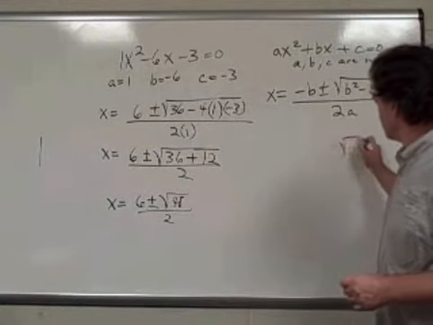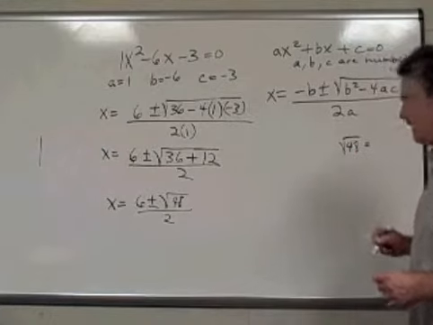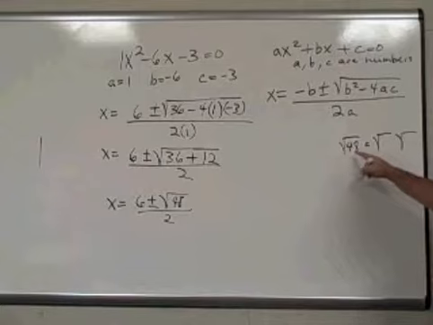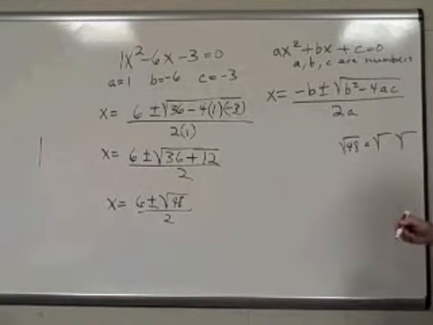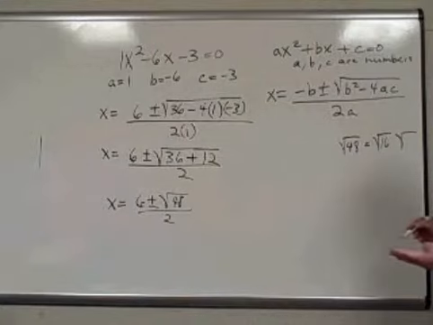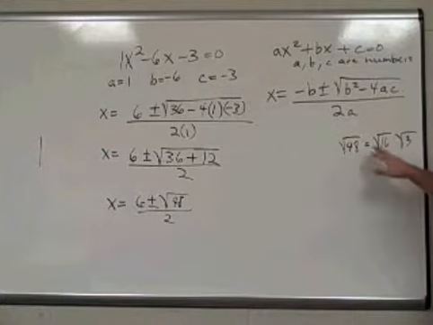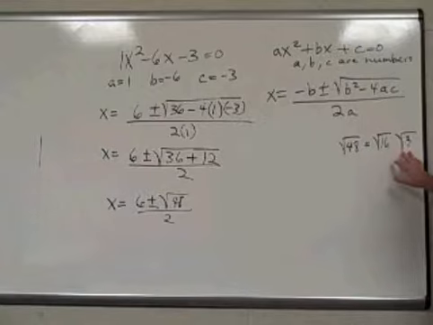So remember, you look at the square root of 48 and you ask yourself, is there a perfect square number that's a factor of 48? And in this case, 16 is the larger perfect square number that's a factor of 48. Isn't 16 times 3 48? So I can break apart the square root of 48 into the square root of 16 times the square root of 3.